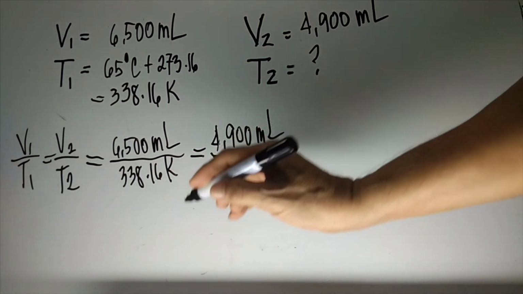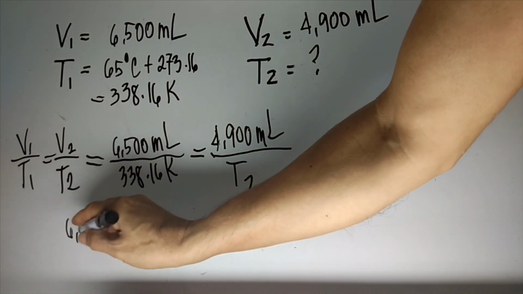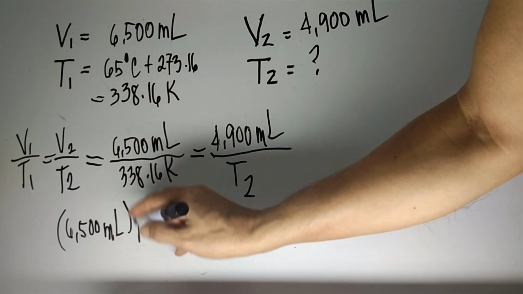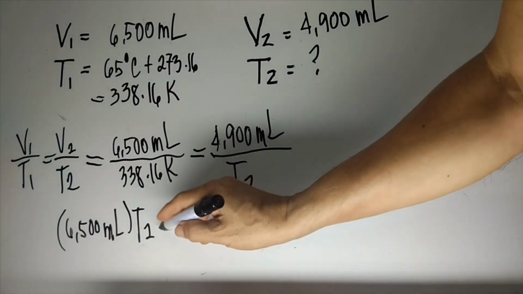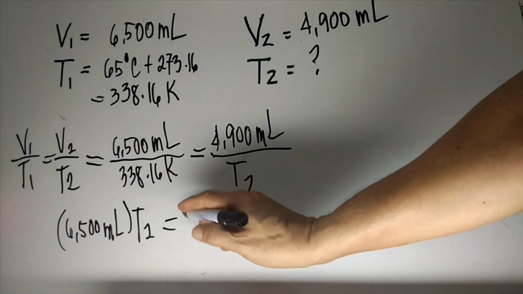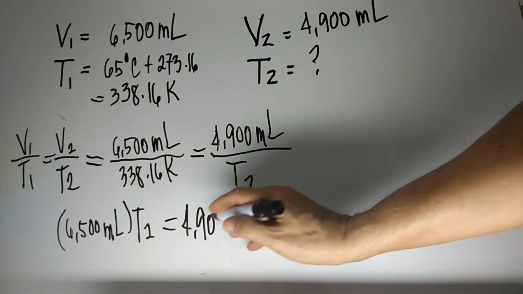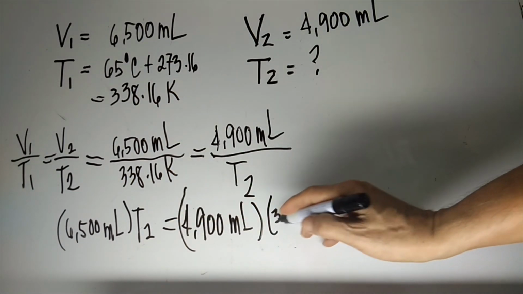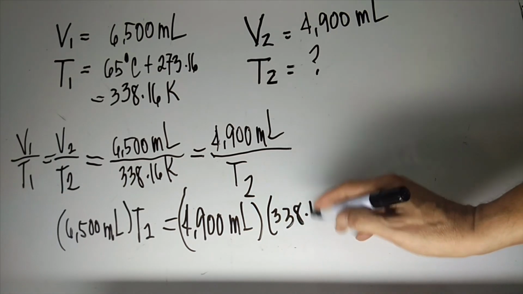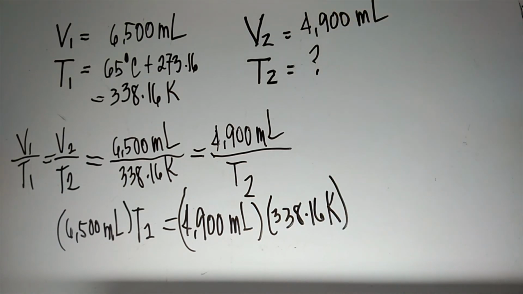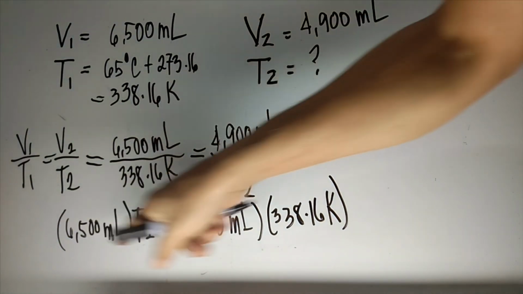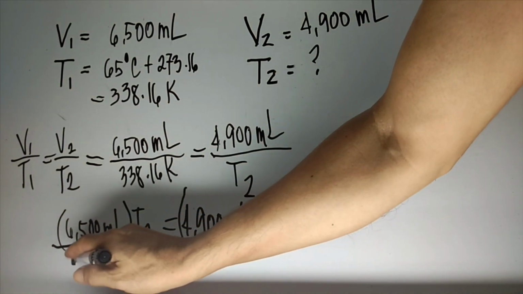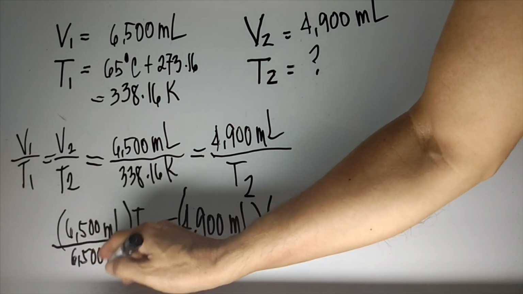So we will now have 6,500 milliliters times T2 is equal to 4,900 milliliters times 338.16 Kelvin. We'll transpose this to the other side of the equation symbol. So this will be divided by 6,500 milliliters.